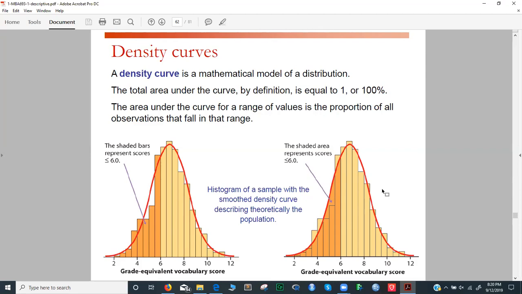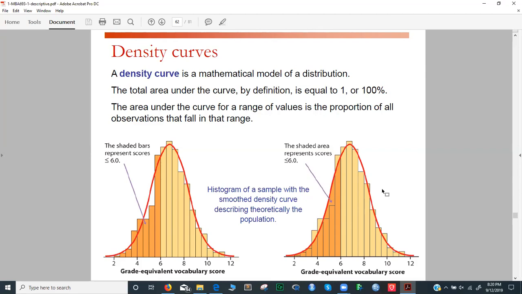But on the bottom left, we've got grade equivalent vocabulary scores. Bottom right, grade equivalent vocabulary scores. The difference is the sampling. If you sample more closely, you're going to get closer to your actual value. The reason sampling is important is because when we talk about surveys and things like that, it can get very costly.